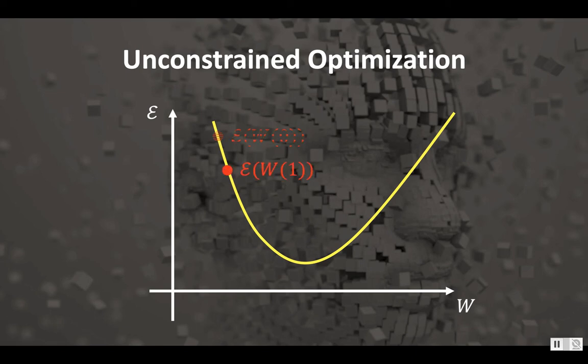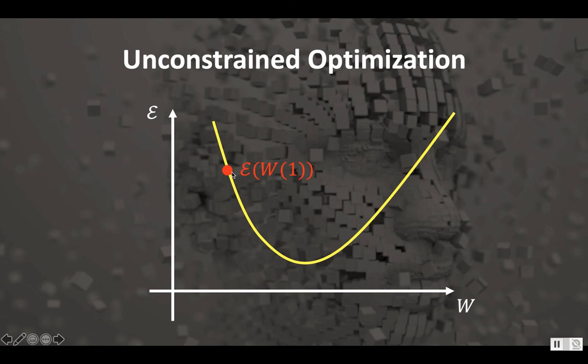Then what we do is adjust the weight. Which direction do we want to adjust the weight? The direction is the one that makes the cost function smaller. That is the direction we want to adjust the synaptic weight. After we adjust the synaptic weight, for example, the cost function moves to here.